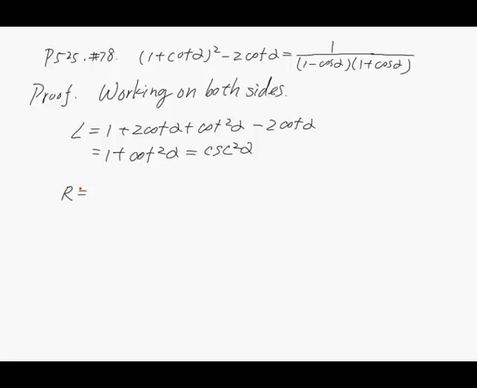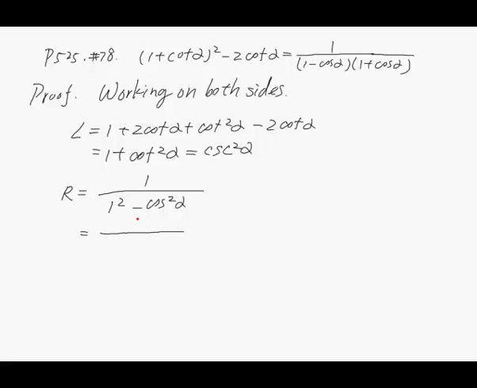So for the right side, you may use the product of the sum and the difference of two terms. You know, a minus b times a plus b is equal to a squared minus b squared. So you have 1 squared minus the cosine square alpha, and this is 1 minus the cosine square alpha.